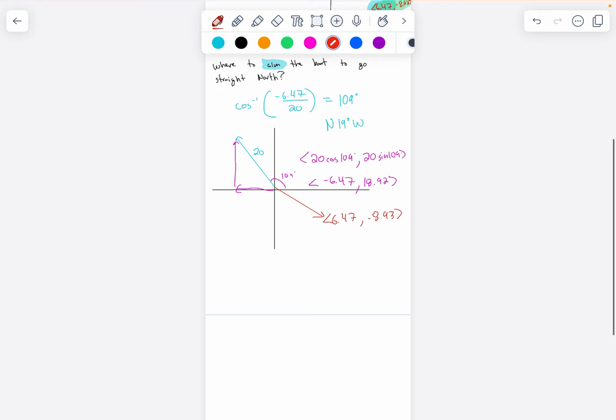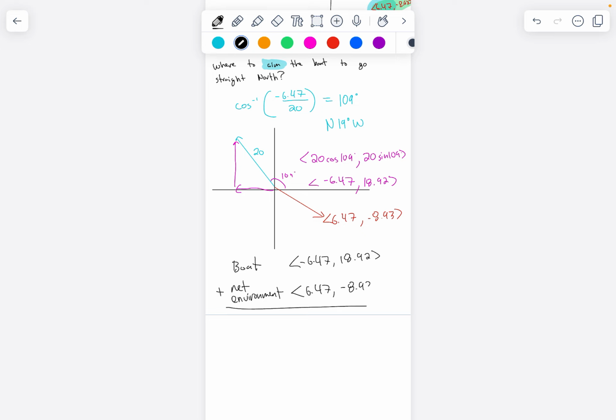So when we add the boat to everything else, the net environment, doesn't matter what we really call it, we're taking negative 6.47, 18.92, and 6.47, negative 8.93. We add them together, we get 0, and this actually seems to be 10, which is probably a little bit of a coincidence, more or less 10.